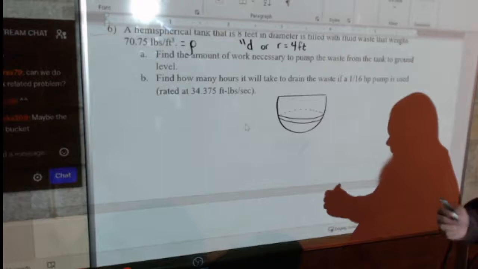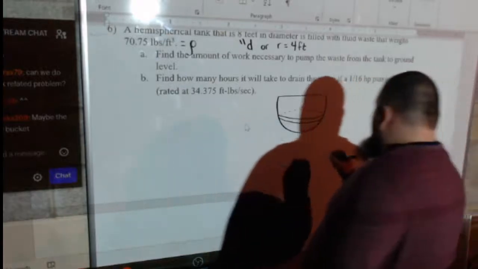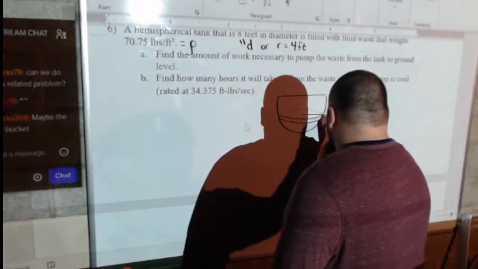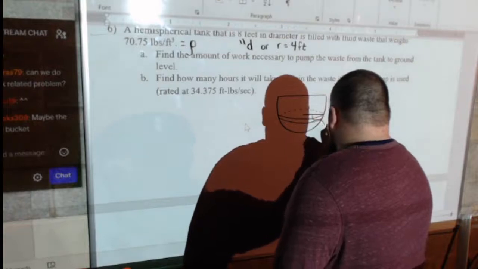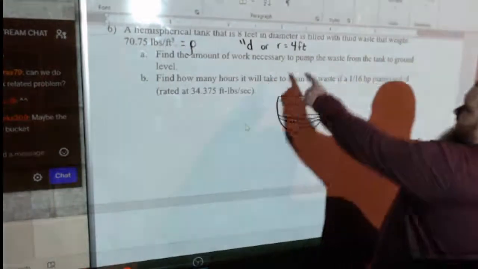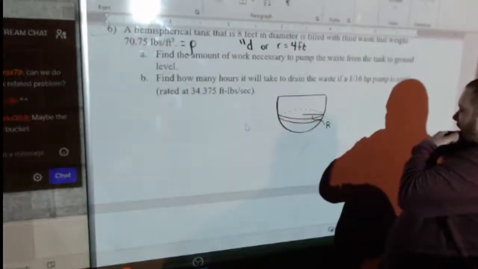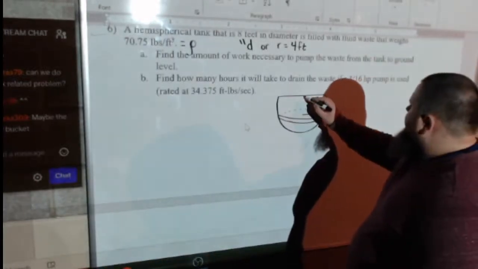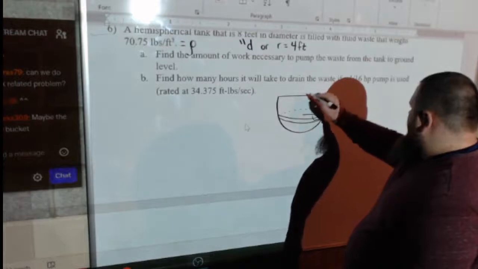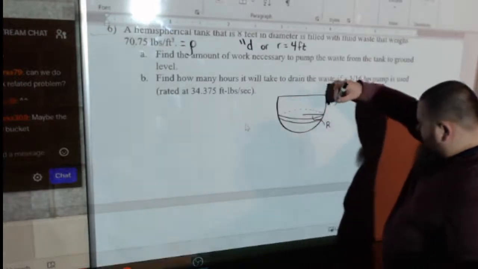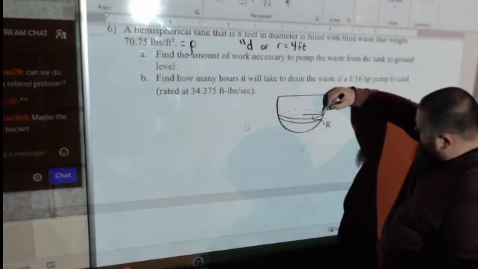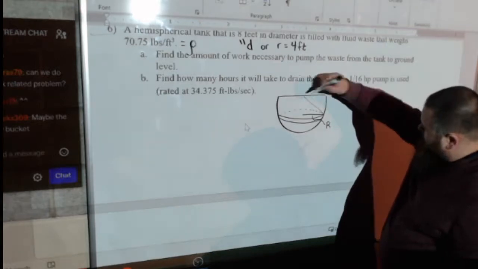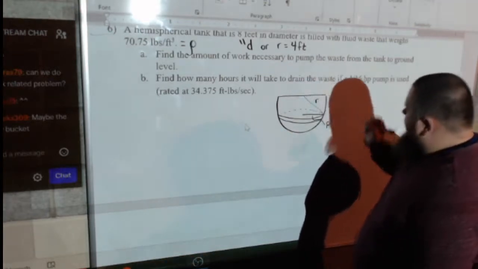And in that slice, this guy has its own radius, which I will call, I guess, big R in this situation, since I called that one little r already. We know that the distance from here to the center of the sphere is that little r.